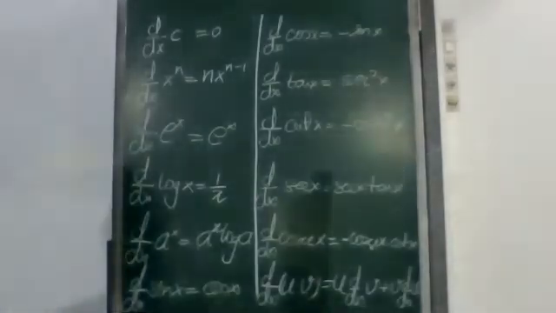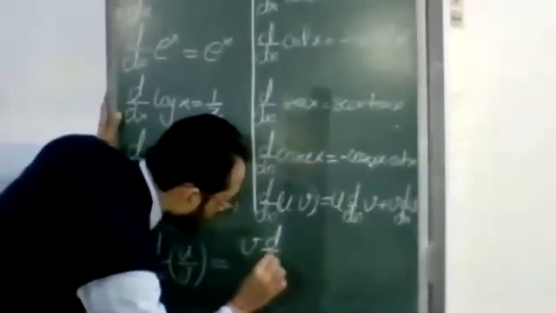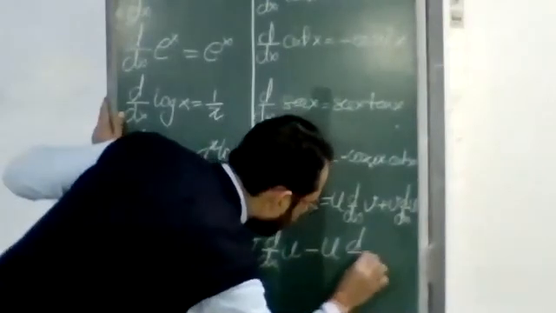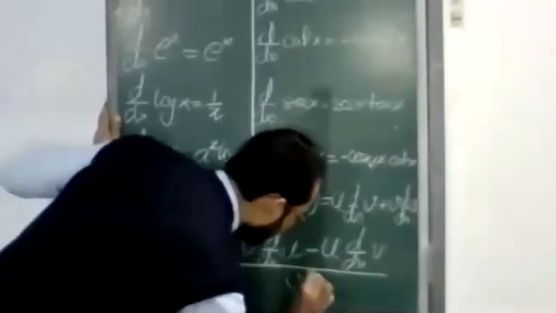Then we need to go for differentiation in the quotient rule, division. Differentiation of u upon v will become v d/dx of u minus u d/dx of v, upon v square.